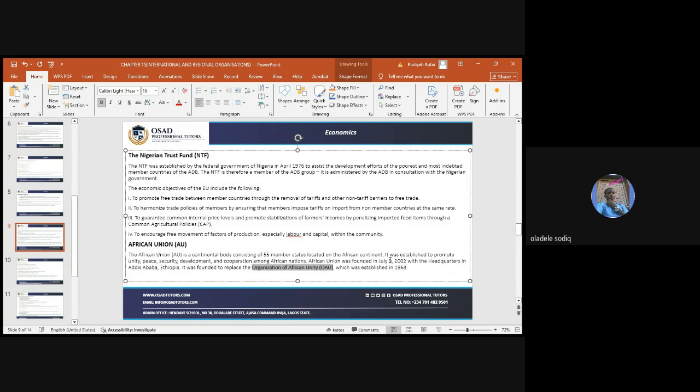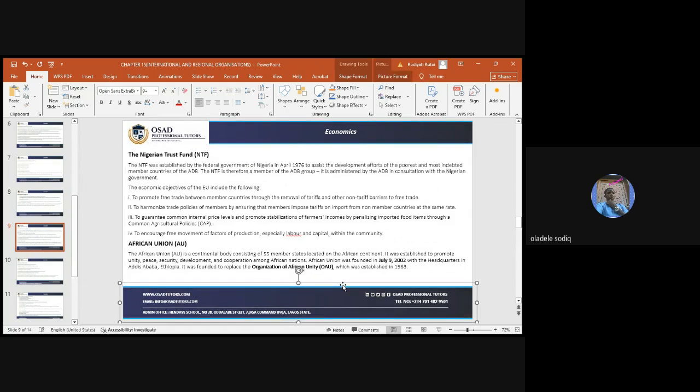So it was on July 9, 2002 that it changed from OAU to what? To AU. So it is no longer the Organization of African Unity. It is now regarded as the African Union. That was on July 9, 2002. But as at 1963, it was formed as the Organization of African Unity. Please take note of that.